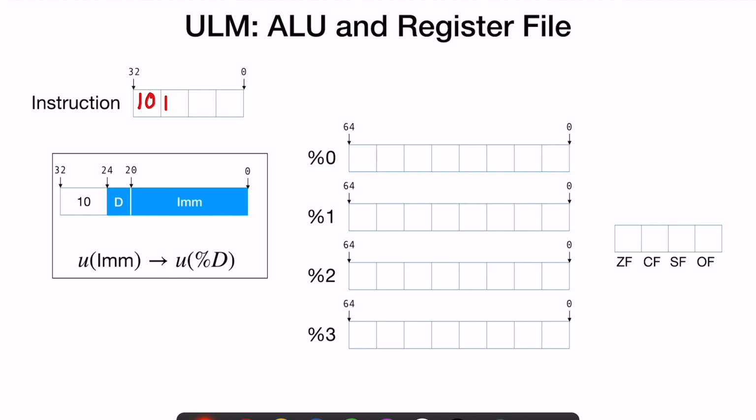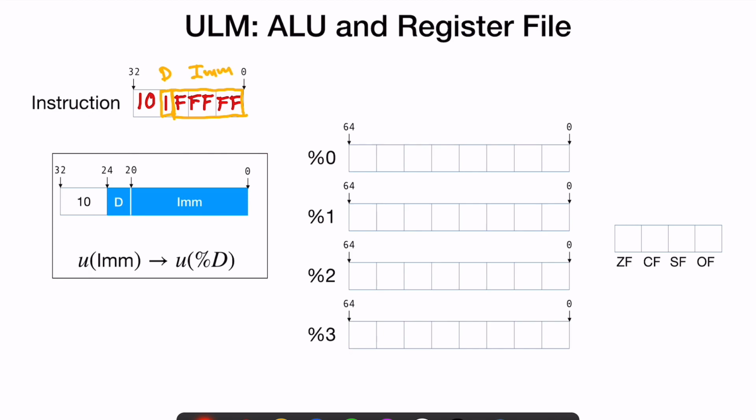Then in hex representation, that means I just have F, because we have here 20 bits, so it's a multiple of 4. So we have 20 bits all equal to 1. And then this 4 bits refer to the register, and this 20 bits refer to the immediate value.